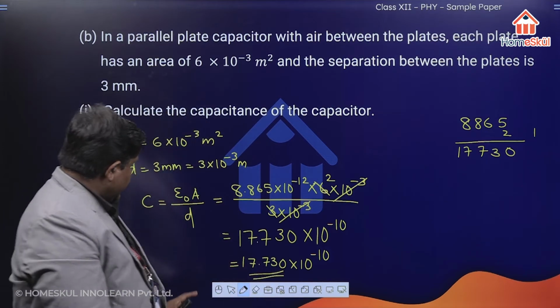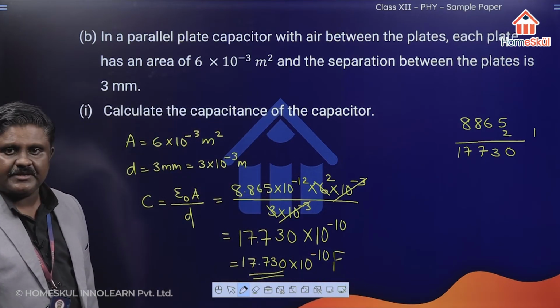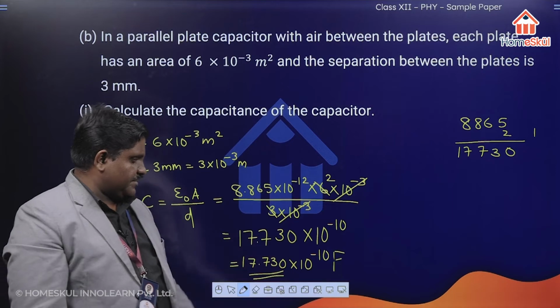So this is the value, this much farad. Clear? So this is the value of the capacitance.